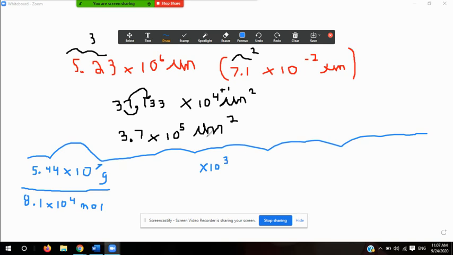Let's see if I have the space to write that number down. 0.6716, sorry, 16, not 14. 0.671604.